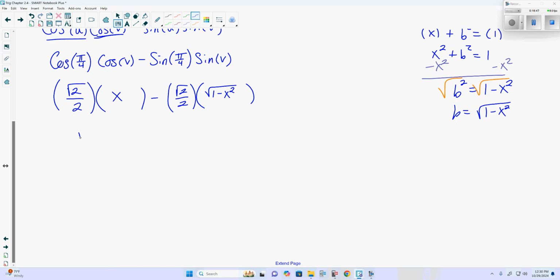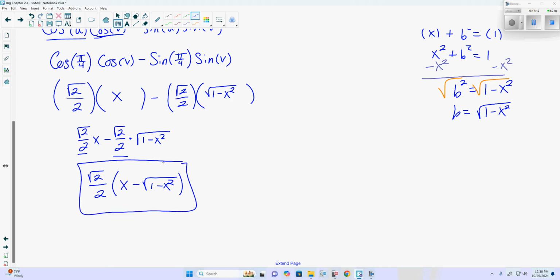Getting us to this here. Really telling us that square root of 2 over 2 times x minus square root of 2 over 2 times the square root of 1 minus x squared is our answer. Or if we want to factor this common term out, that's our answer.